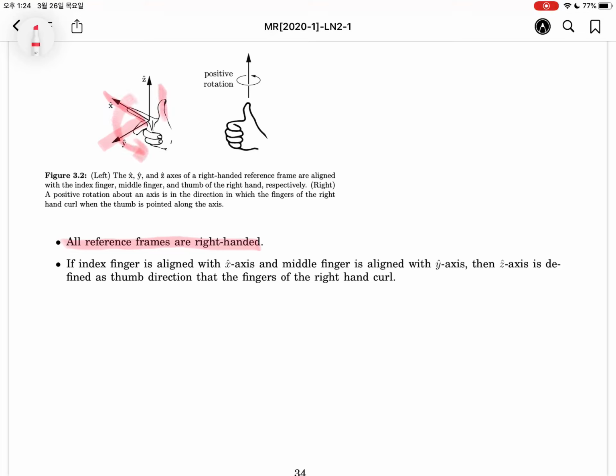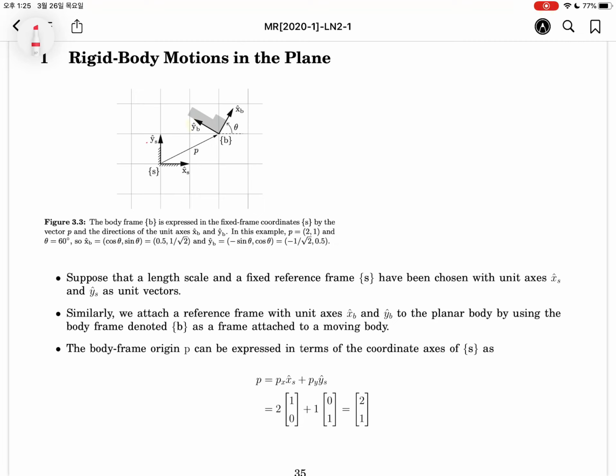Section 3.1, rigid body motion in the planar case, in the plane. The space frame is attached to the ground, and the body frame is attached to the rigid body. The origin of the frame B is pointed to by the vector P, which is obtained from 2 and 1.